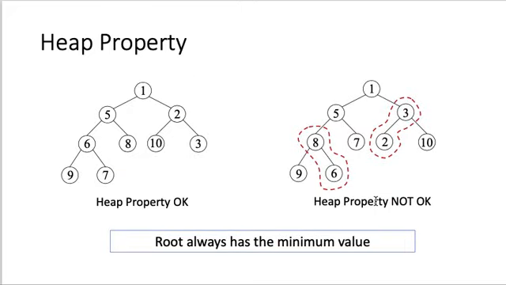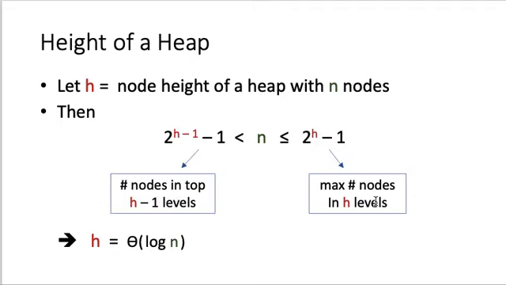And then we will talk about what kinds of operations it supports. But one most important operation is that we want to make use of a heap to find the minimum number of a set of numbers. Before we define the operations that a heap supports, let's check the height of a heap.